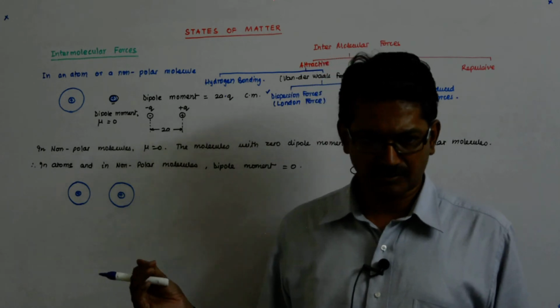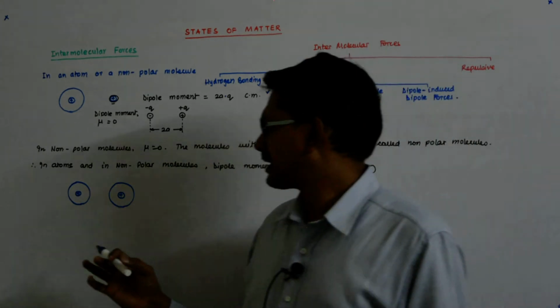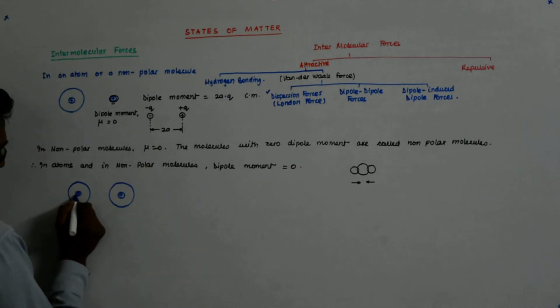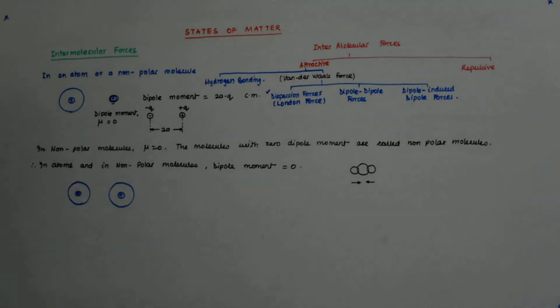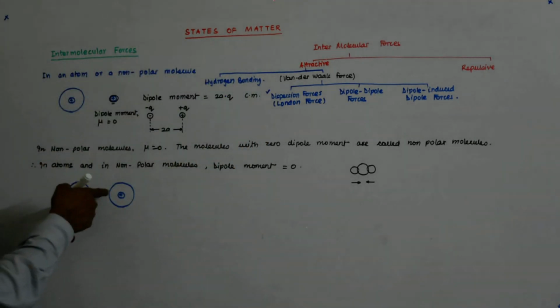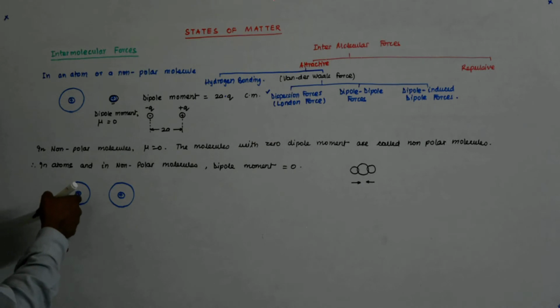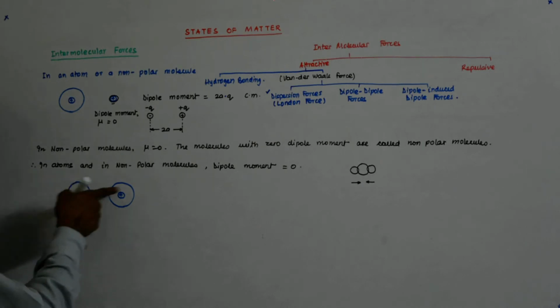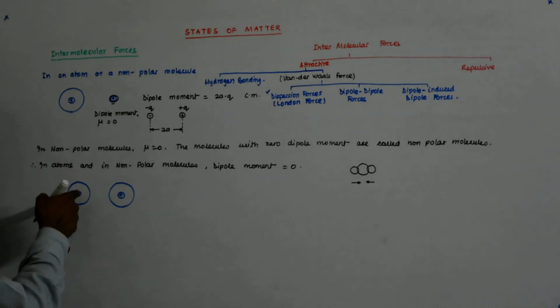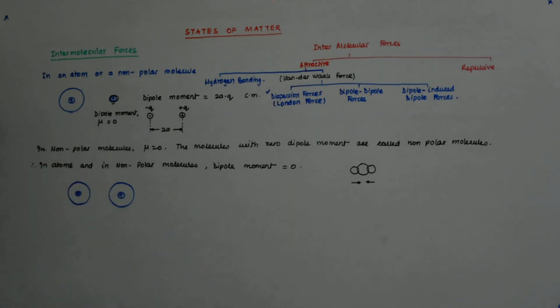Why? Because you will be studying later also that since the positive and the negative are at the same point, the amount by which this positive repels this positive is the same as the amount by which this negative attracts this positive.